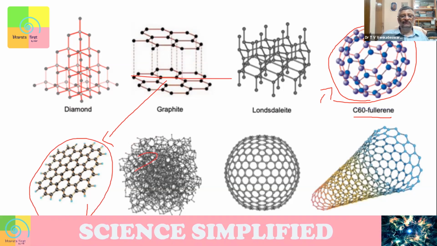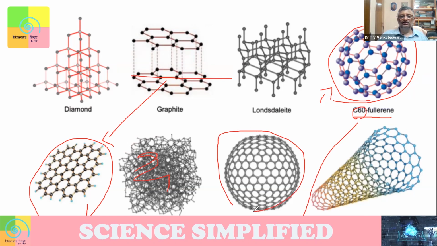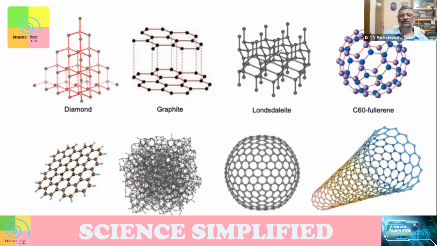If the carbon is unstructured, then it is amorphous. Instead of 60, if I take 540 and construct a ball-like structure, then I get C540 fullerene. So the way the carbon atoms are arranged into a particular shape, whether in 2-dimensional lattice or other forms, it brings in different forms of carbon.